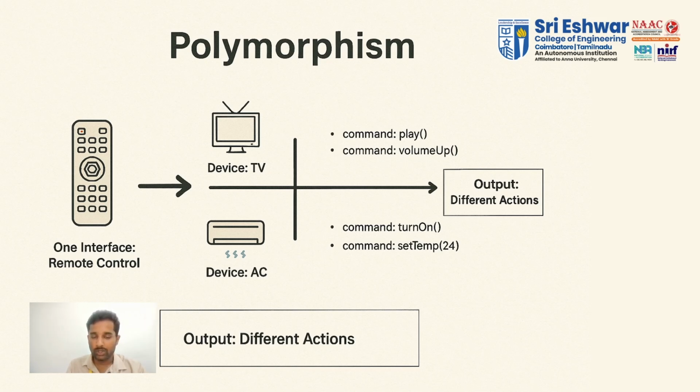If it comes to the TV, the functionality may vary. If it comes to the AC, it has different functionality. Similarly, it has different functionality for the fan also. So the remote is the same thing which takes different controls on different devices, which is a good example for polymorphism.